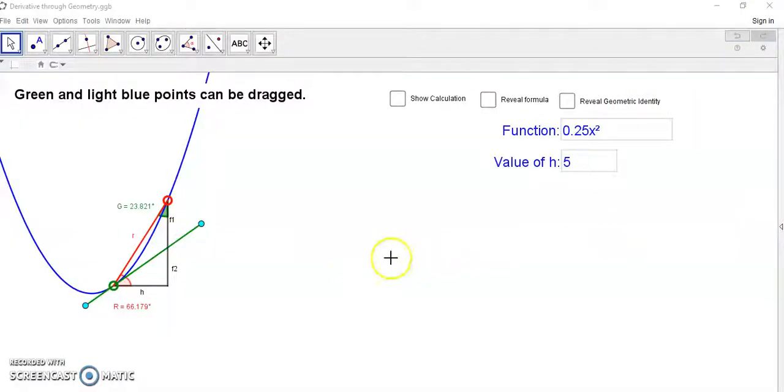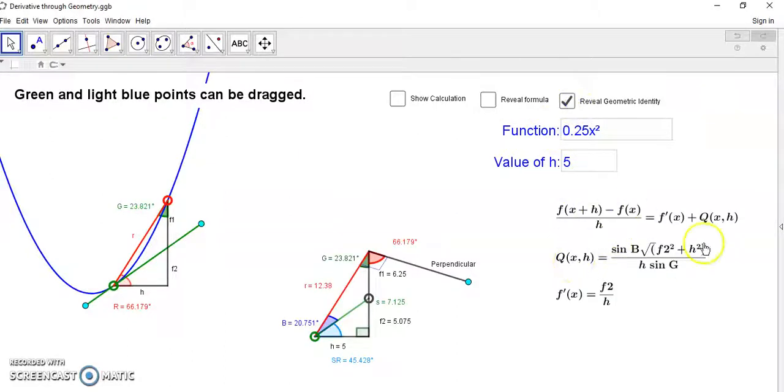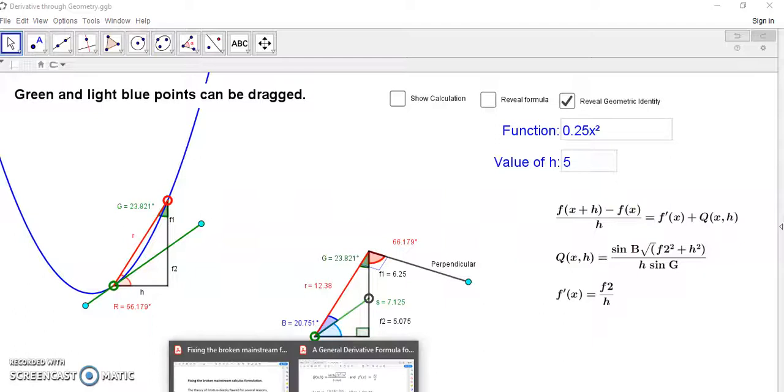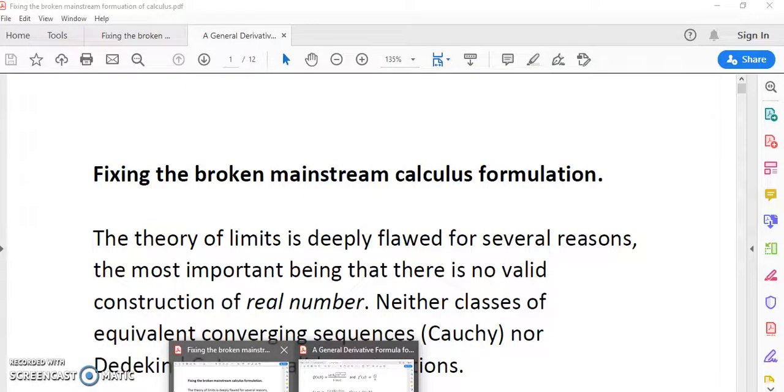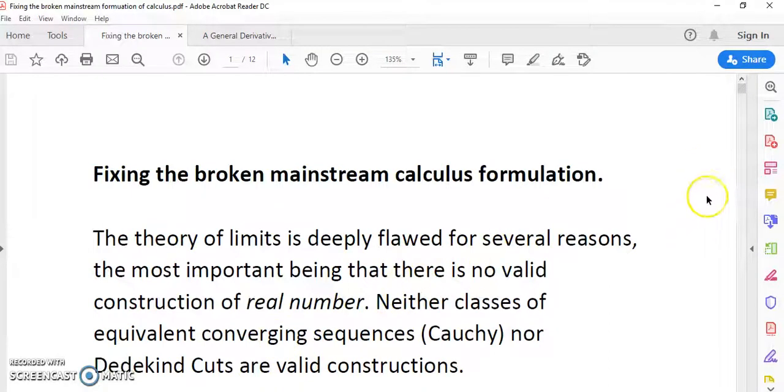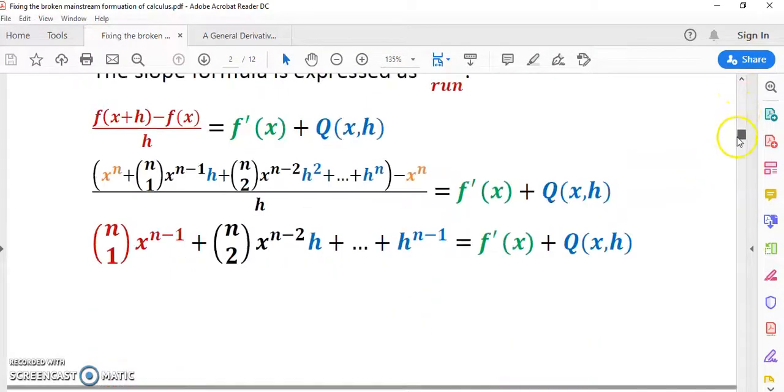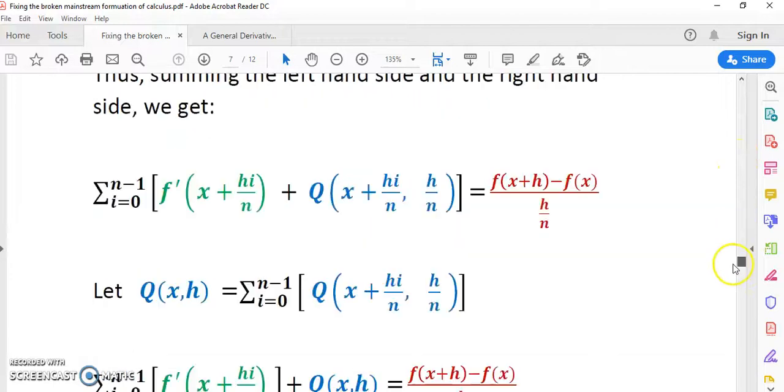Now, you'll remember that I showed you this geometric identity on the right-hand side where my mouse is hovering. From this, all this knowledge is realized. I've explained this geometric identity in two articles. In one called Fixing Your Broken Mainstream Calculus, I show you how to fix both your derivative and your integral.